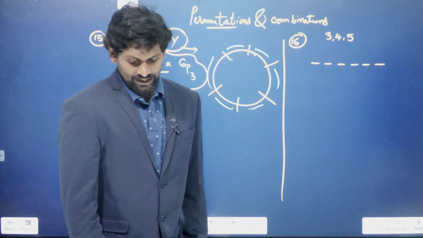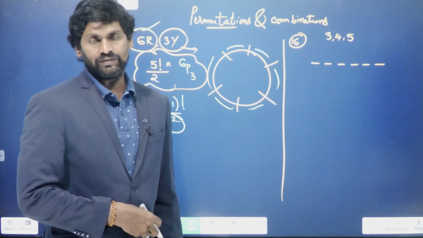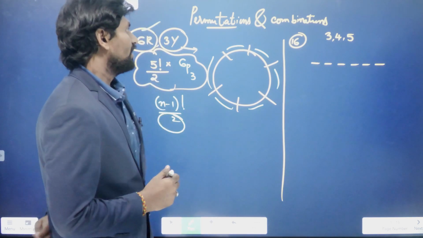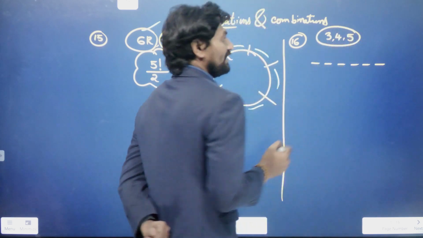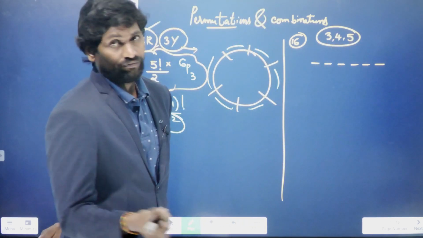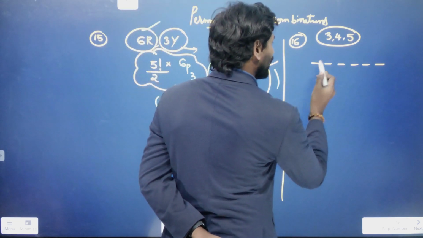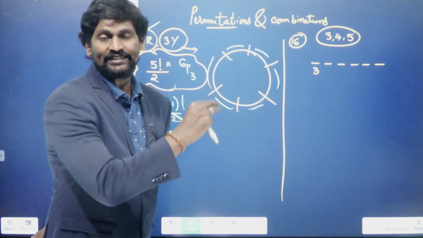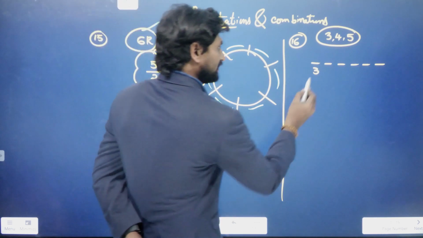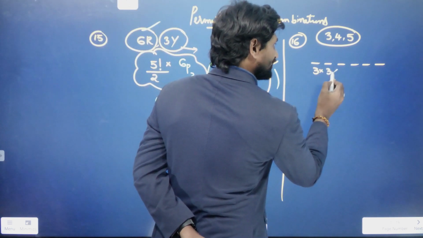So when repetition is allowed for these 3 digits, for a 6-digit number, how can we write this? The first place can be taken with all 3 digits, any one of the digits we can take. Same way, the second place also 3 chances.